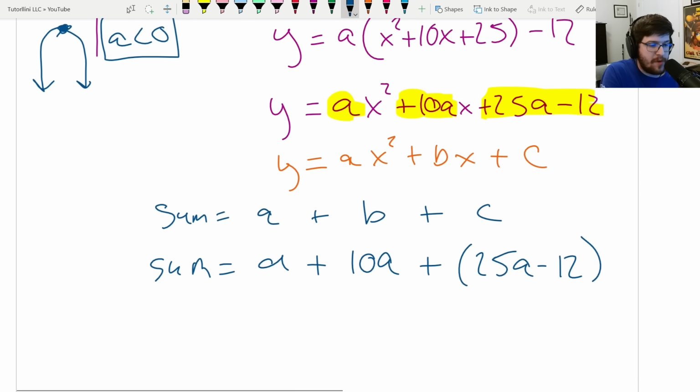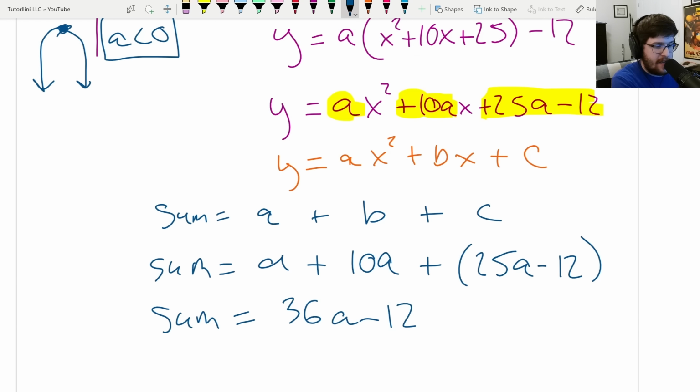Okay, 1a plus 10a plus 25a, that's 36a minus 12.